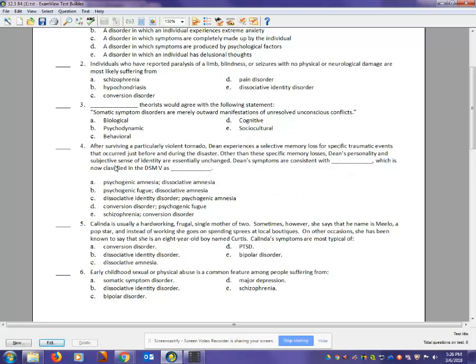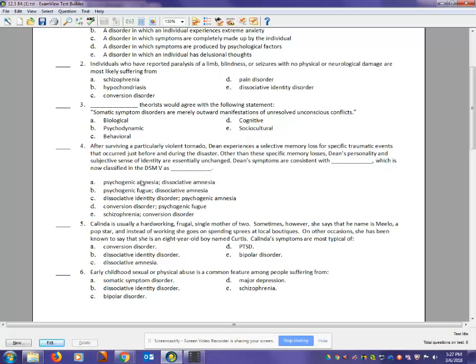So we read about 2 ideas, psychogenic amnesia and psychogenic fugue. Let's see, the first one, amnesia. This person responds to a stressful event with extensive but selective memory loss.